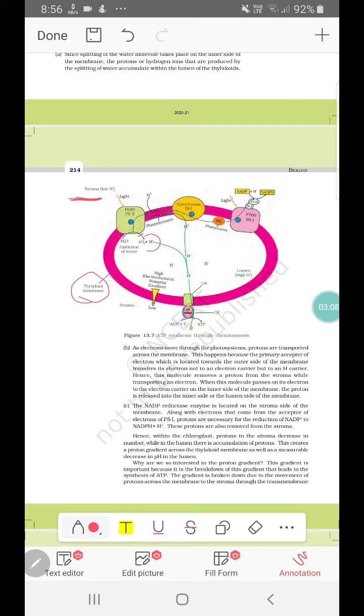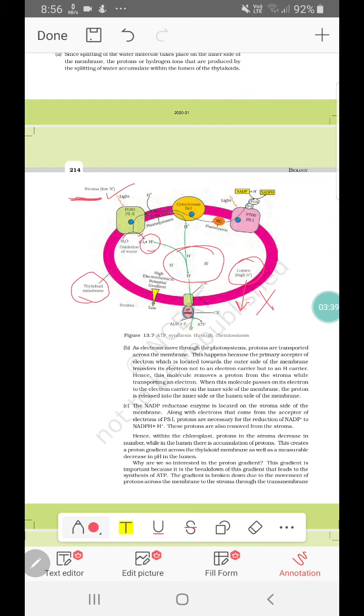So here the protons will be released, and hence the concentration of protons inside the thylakoid lumen is high. Another thing is that the thylakoid membrane is impermeable to H plus ions, so these H plus ions will not move outside. That is why the concentration in the lumen is always high and in the stroma it is always low.